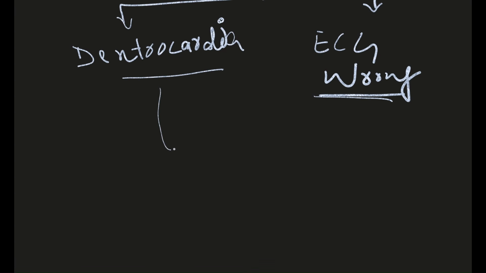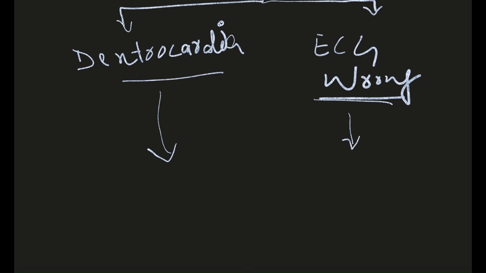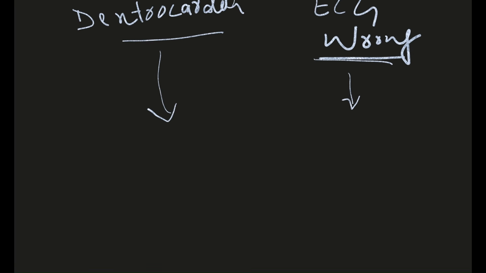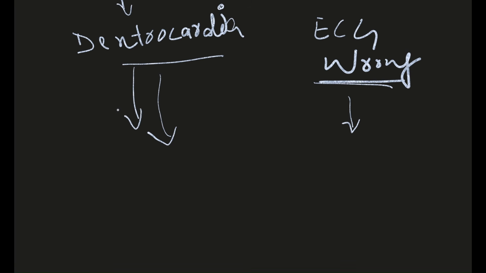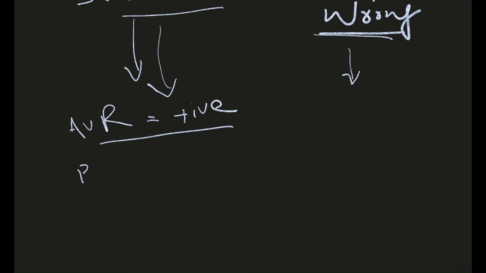So how would you differentiate if the person is having dextrocardia or the ECG leads have been placed in a wrong fashion? Look, let's talk about dextrocardia first. If AVR is positive, straight away jump towards the precordial leads.